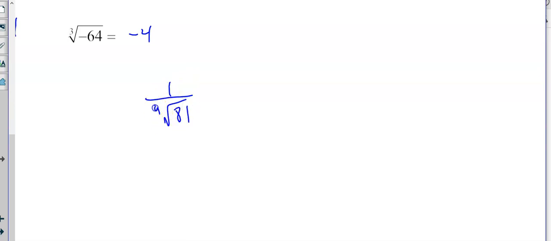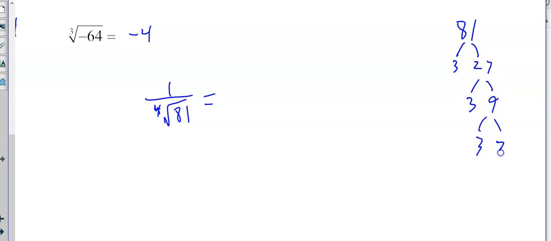It's a really bad 4 right there. To do this, let's just simplify the denominator. Let's do prime factorization. Maybe you don't know the prime factorization of that. So 81, 3 and 27, 3 and 9, 3 and 3. So that's really 3 to the fourth. Oh, that's helpful. So this is really 1 over the fourth root of 3 to the fourth.